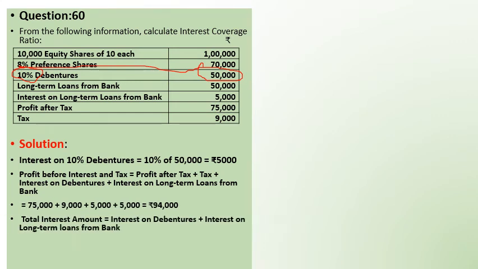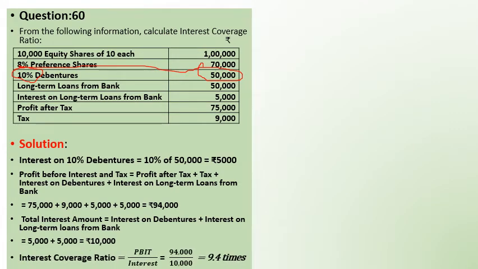So from here again we'll calculate the total interest amount: the interest on debenture as well as interest on long term loan from bank, which comes 5,000 plus 5,000, 10,000, and by putting the value in the formula, PBIT by interest, 94,000 divided by 10,000, which comes 9.4 times your interest coverage ratio.